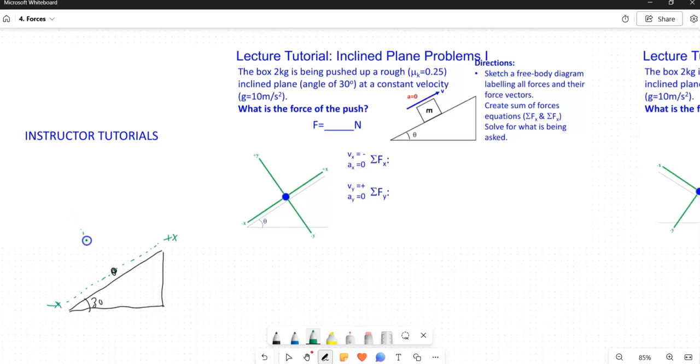Then you want to make the y direction coordinate system perpendicular to the plane of motion. So we're going to call this negative y and positive y.